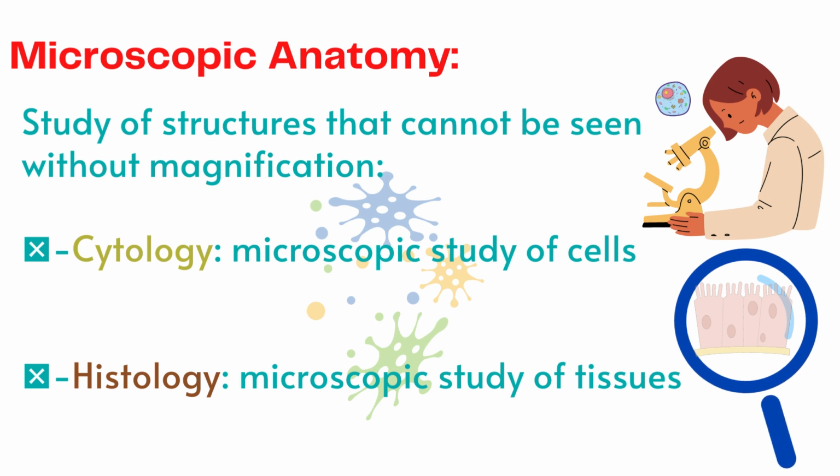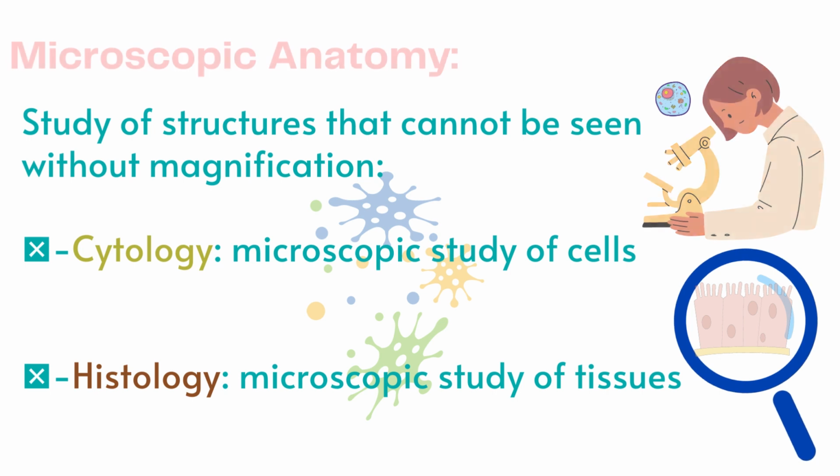Okay, so you will require some microscope to study the cells. And then we have the second subdivision, which is histology. Under histology, you study the tissues. Okay, so hist is medical terminology for tissues. So histology, you are studying tissues by use of microscope.